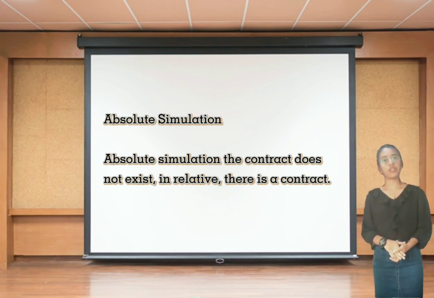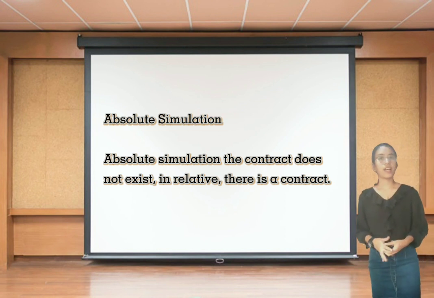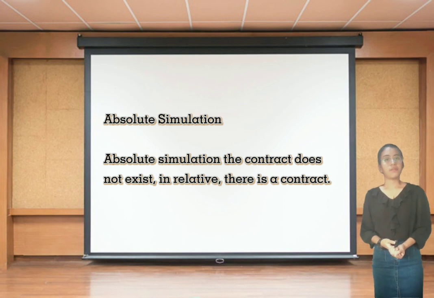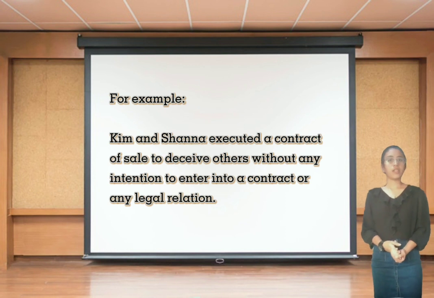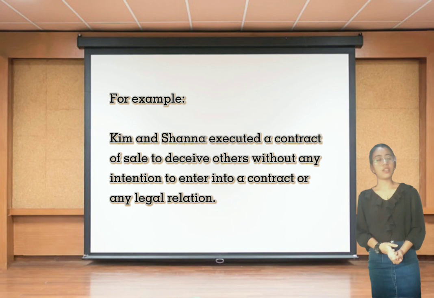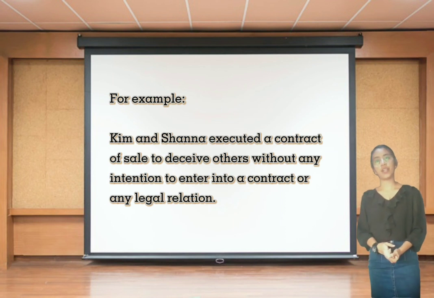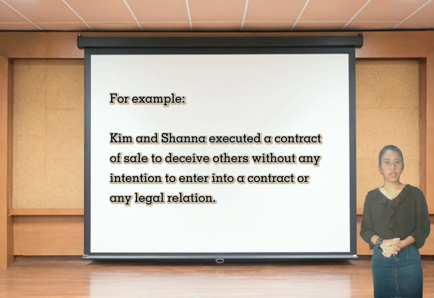However, both parties do not show the true intention why they have entered into a contract. Moreover, as a result, in an absolute simulated or fictitious contract, the parties may not recover from each other what they have given under the contract. For example, Kim and Shanna executed a contract of sale to deceive others without any intention to enter into a contract or any legal relation, like property.